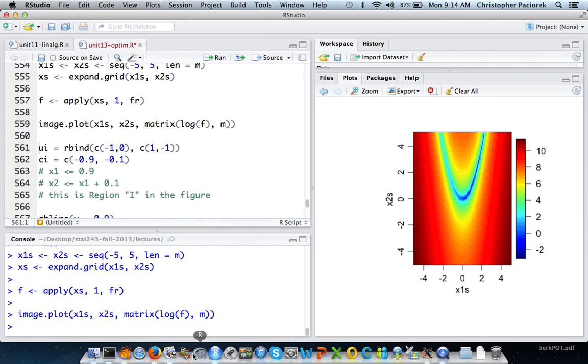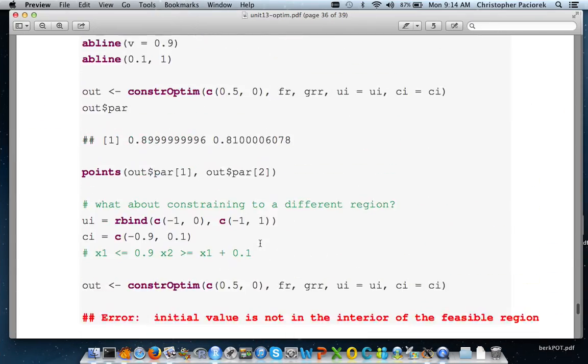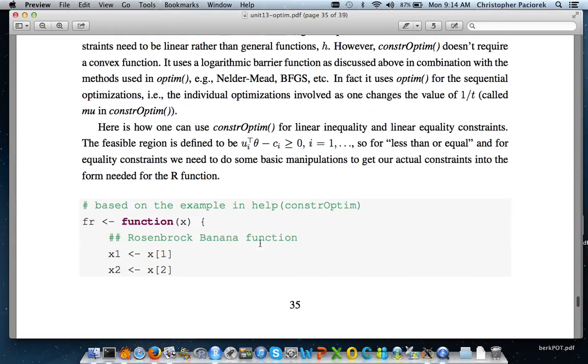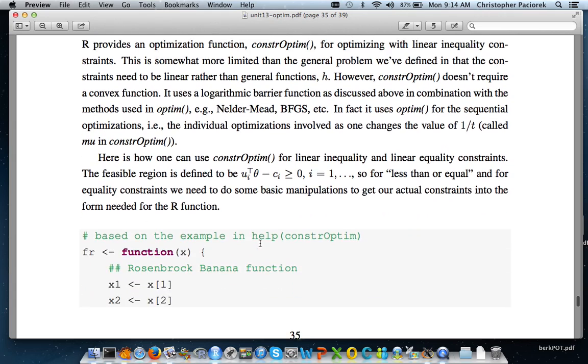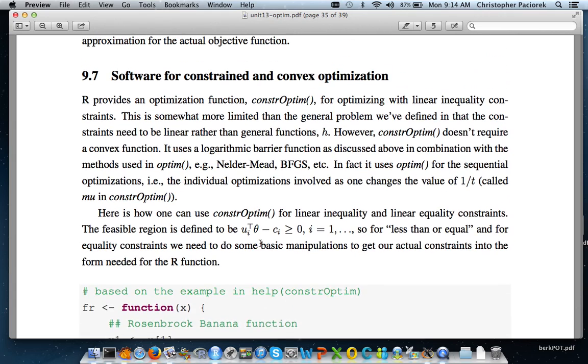Okay, so the idea is that R is not quite as general as we might hope. R will handle linear inequality constraints, but not general functions h. So we've been saying things like we might have some set of constraints, say h of x_i is less than or equal to 0. And so R is not going to handle general functions h, but it will handle linear functions.